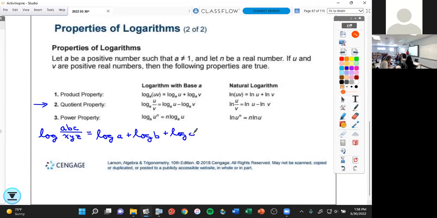Now expand the bottom. Minus log X minus log Y minus log Z. So I have fully expanded my basic logarithm that I started with. No need. Why would I need parentheses?